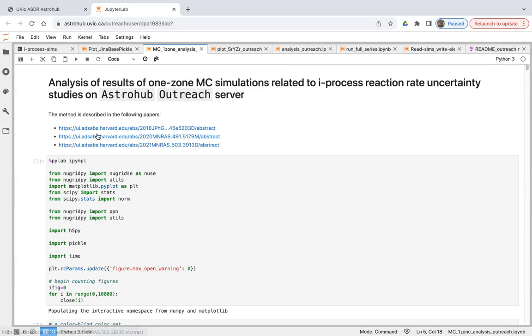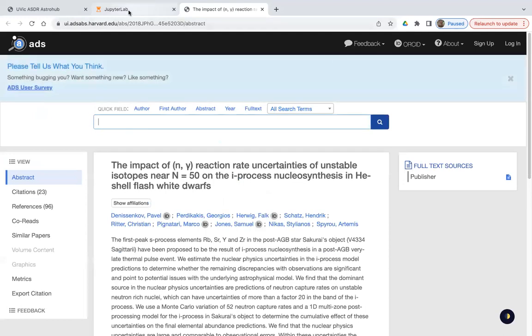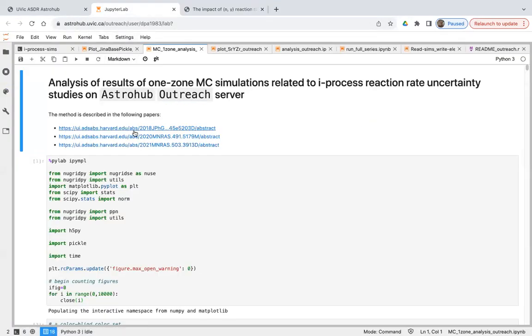In this notebook, these are three references to our published papers where the method that we use in our Monte Carlo simulations and the method of analysis are described. You can just click here and open these three papers. So let's have a look.